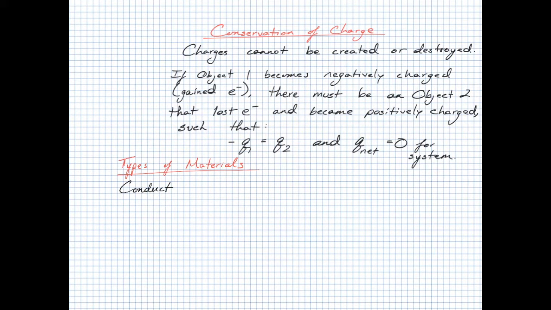Conductors are materials that allow electrons to move freely, whereas with insulators, you can think of it as the charges being glued or fixed in place.